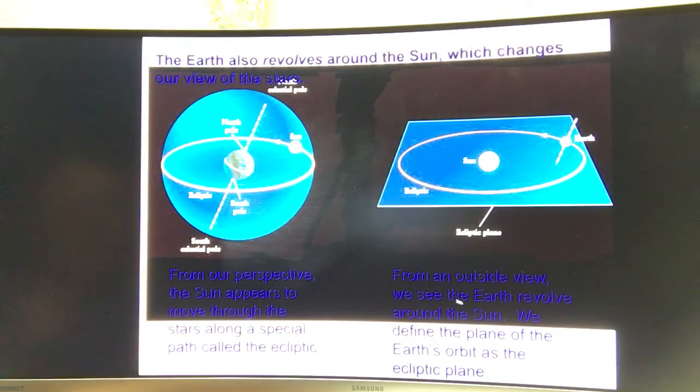We define the plane of the earth's orbit as the ecliptic plane. So this plane in which Earth is moving around the sun is defined as the ecliptic plane. The ecliptic plane is important for us to understand the seasons in the next slide.